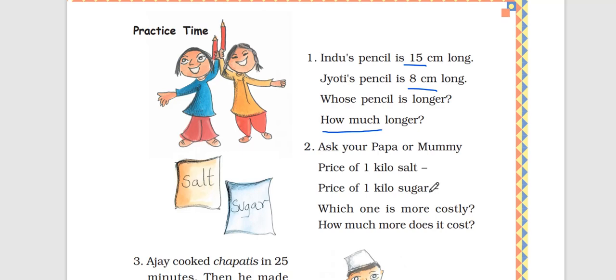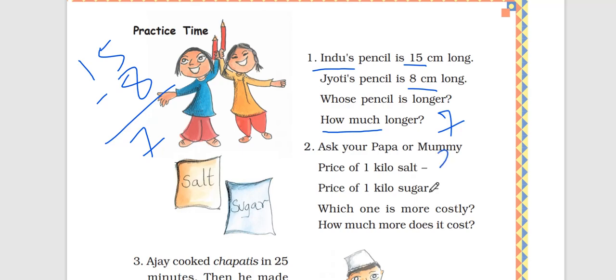So we need to subtract. How much longer is subtraction? So we subtract 15 and 8. 15 minus 8 will be, let's count up from 8: 9, 10, 11, 12, 13, 14, 15 gives me 7. Whose pencil is longer? Indu's pencil is longer because 15 is the larger number. How much longer? 7.